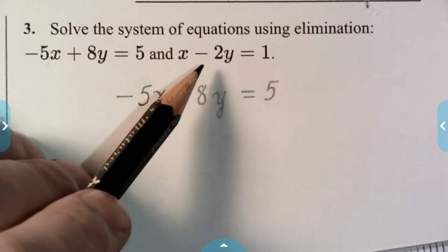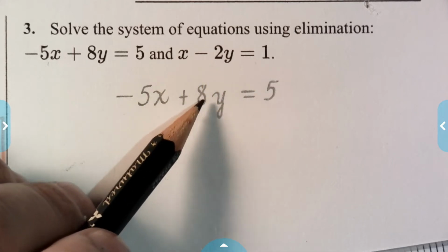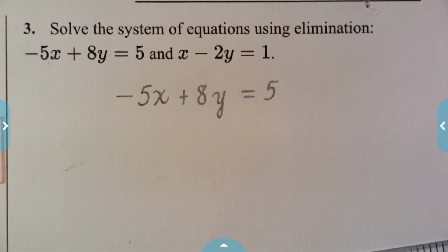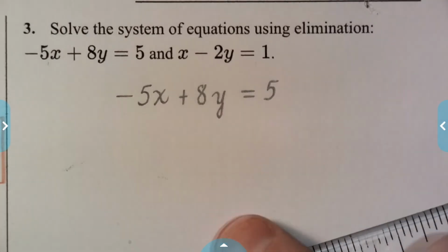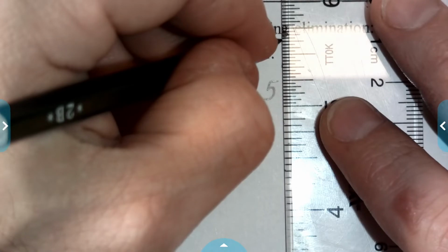So what would I need to multiply by negative 2 in order to make it disappear when added to 8y? Oh, I'd need to multiply the whole equation by 4, right? So over in side work, let's show that.